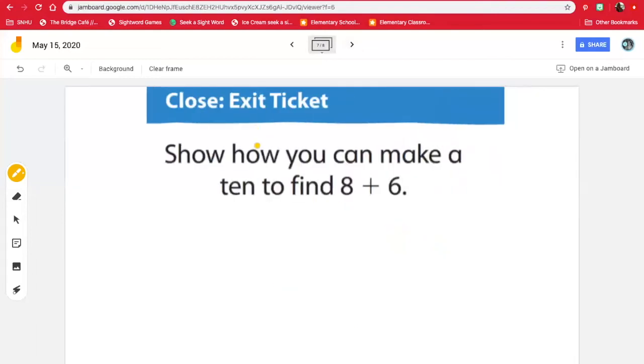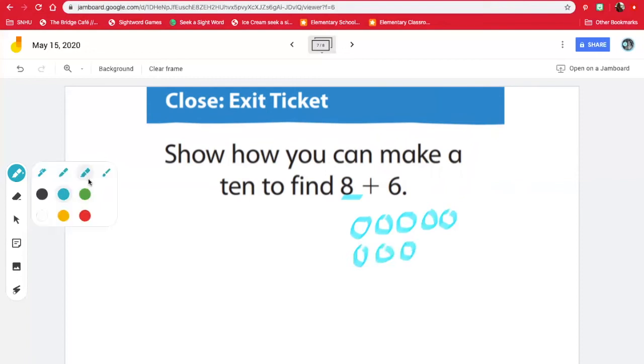Here's our last problem today. Show how you can make a 10 to find 8 plus 6. I kind of liked the idea of drawing a picture, so I'm going to do that. So I want a blue highlighter to show my 8. So again, 5 on the top, 5 on the bottom. 1, 2, 3, 4, 5, 6, 7, 8.